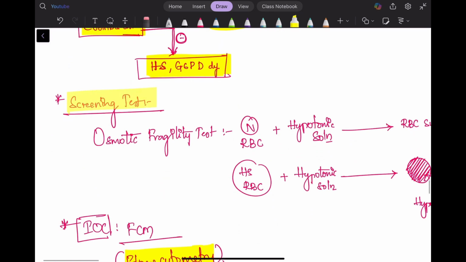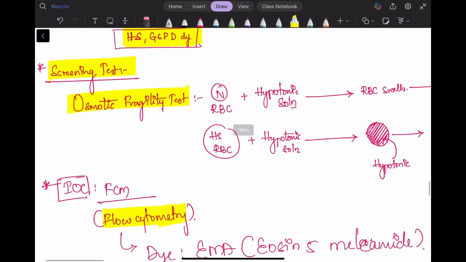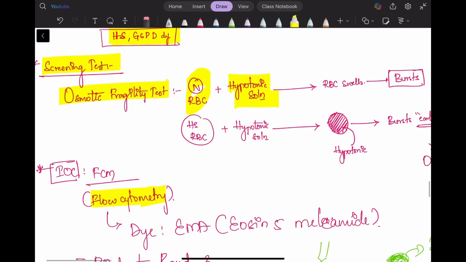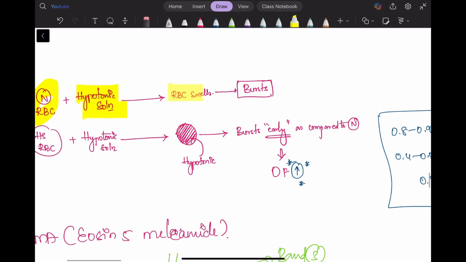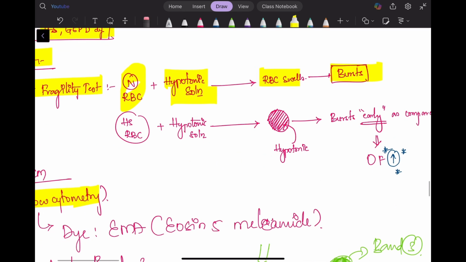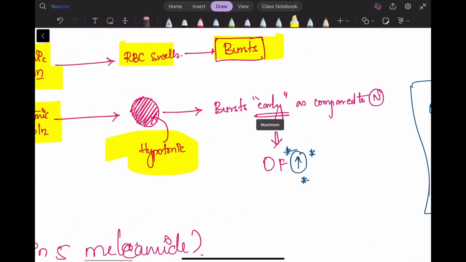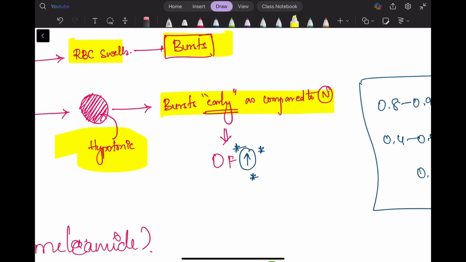We do a screening test, which is the osmotic fragility test. Normal RBC in hypotonic solution swells, bursts. Hereditary spherocyte RBCs in hypotonic solution went to become a hero, became zero quickly, duck out. So osmotic fragility increases.